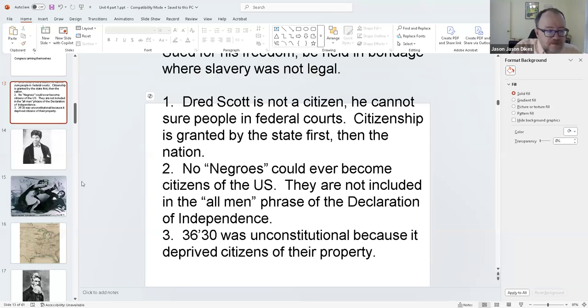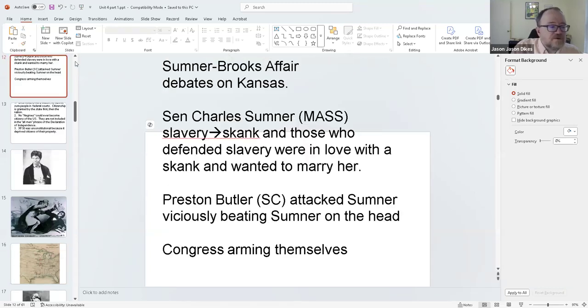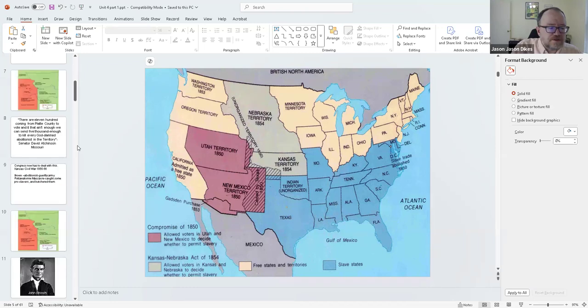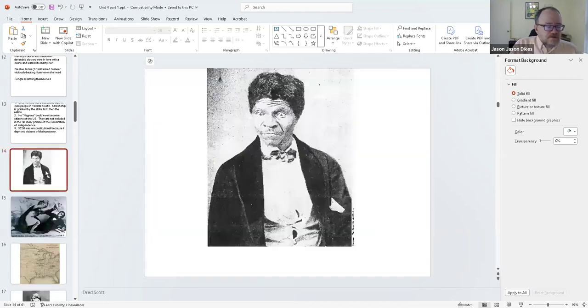36-30 goes away. So all of that territory we looked at just a second ago, this is now all open to slavery. Okay? All of this with the court's ruling. Now, Dred Scott did die a free man.